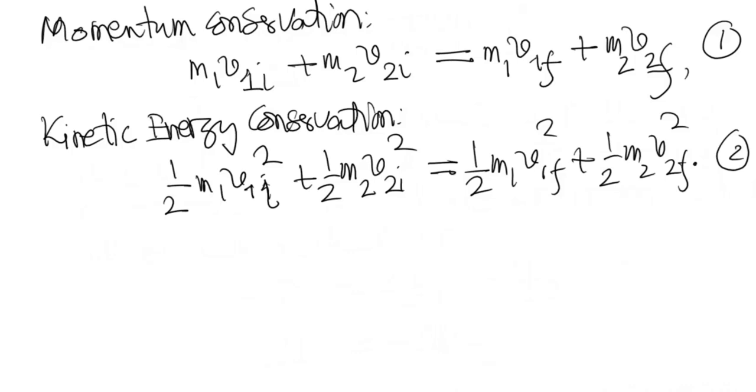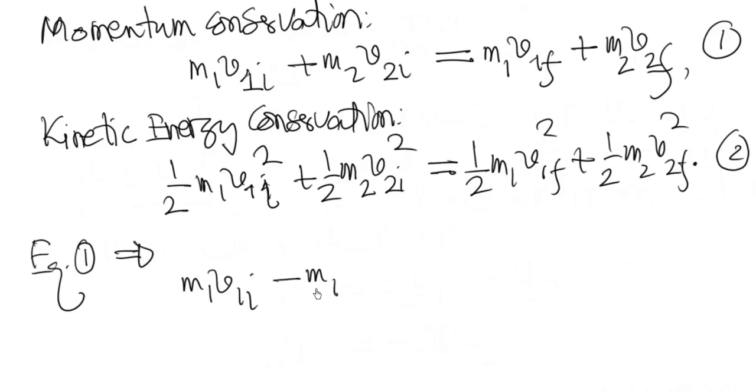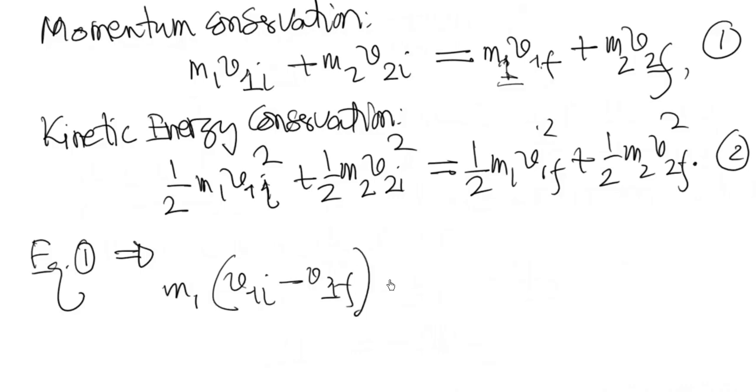Now equation 1 can be written as: we bring this one on the left side, and this one on the left side, taking m1 common, so it will be v1I minus v1F, and taking this term on the right side.